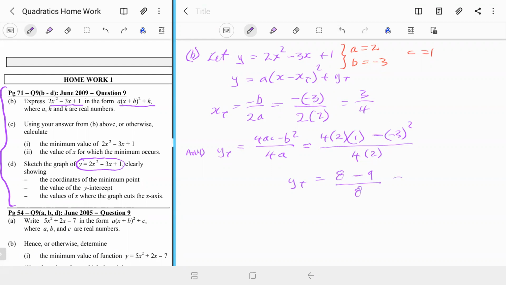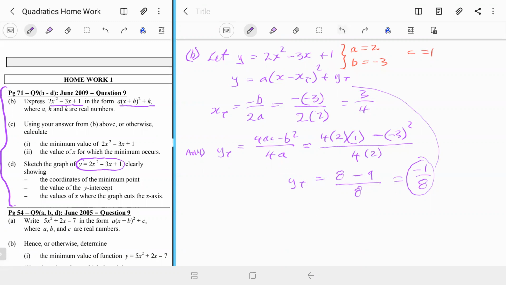So 8 minus 9 is negative 1, divided by 8. That's my yt value. The plus yt is negative 1 over 8, so I'm going to replace the plus yt with negative 1 over 8.